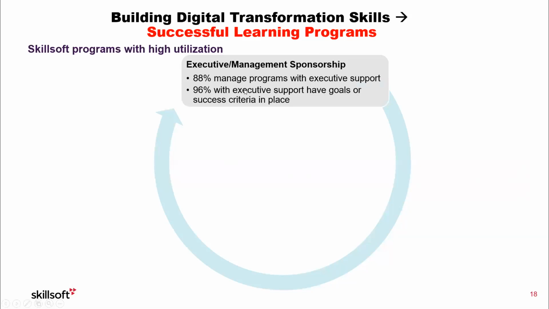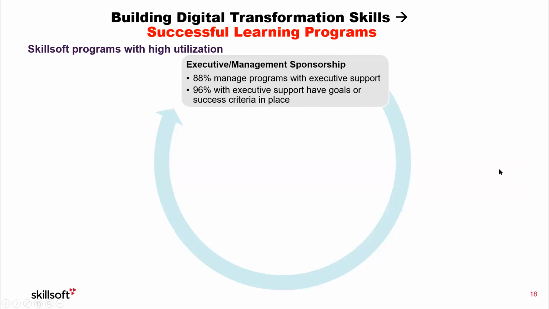So successful programs, 88% of those managed programs with executive support, 96% of those with executive support have goals or success criteria in place. So it's coming from the top, it's aligned with the organizational goals, and that will drive a much more successful program outcome.